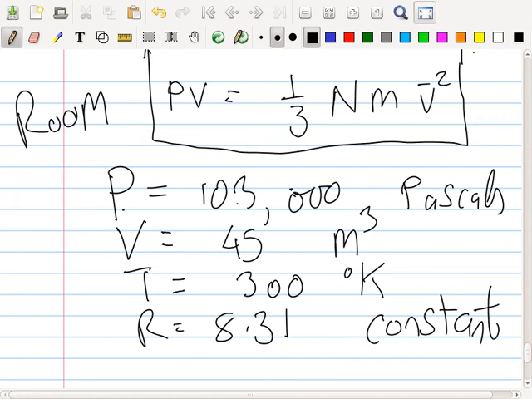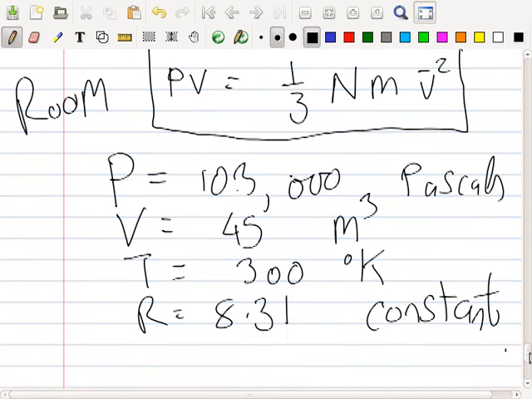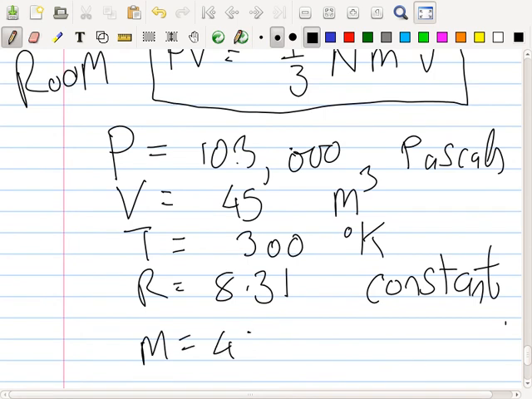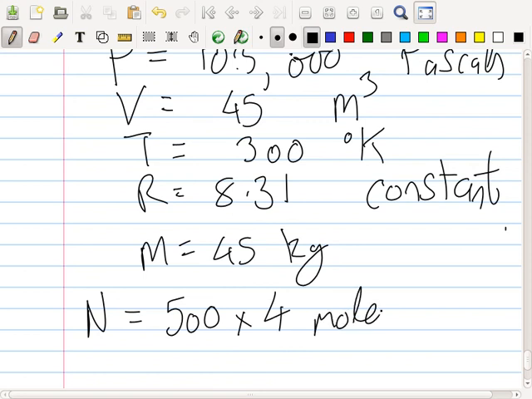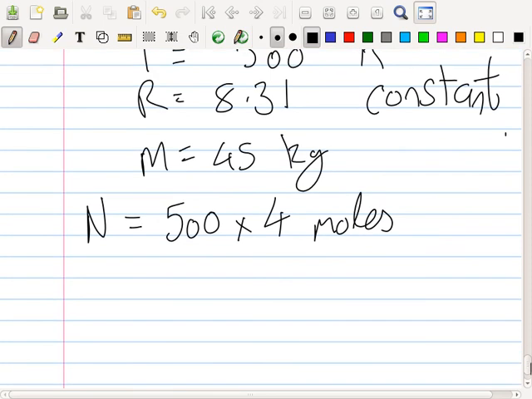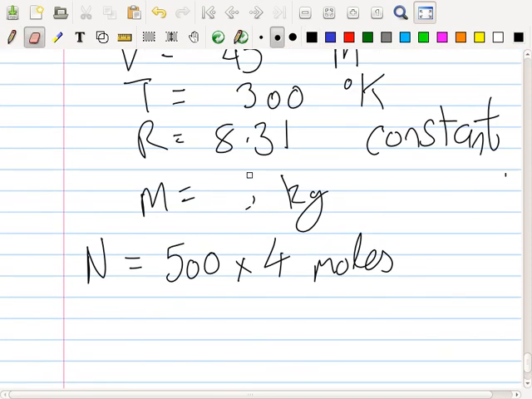Okay. So I know the P, yes? I know the V, yes? I also now know the M. What was the M? M equals 45 kg. Yes? Okay. Now, do I know the N? I think it was 500 times 4 moles. And I think it's 30 kilograms. No, 29. Yeah, 29.